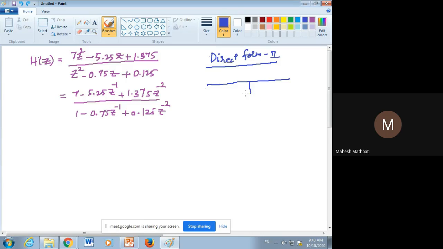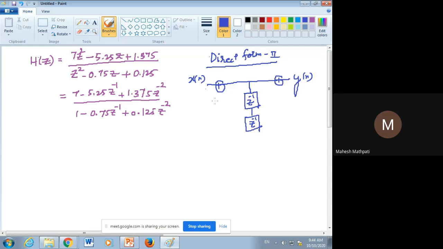This is the first delay element, Z inverse, and the second delay element, one more, is Z inverse. Here I am writing x of n, and here I am writing y of n, right? Now on this side I require one adder, and here there will be an adder.